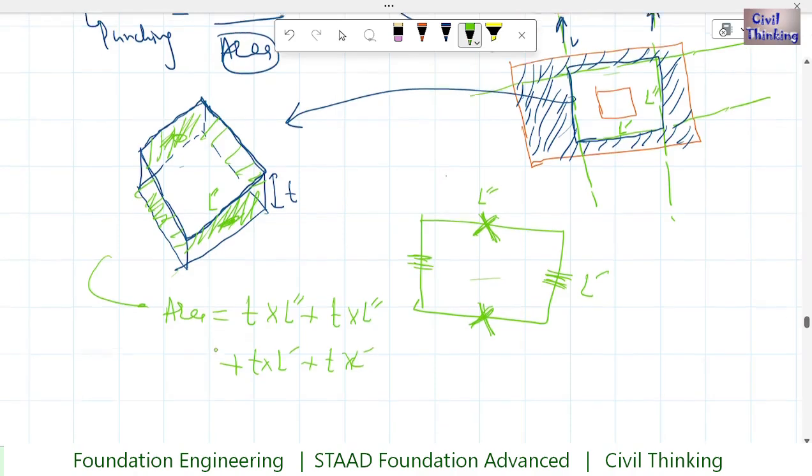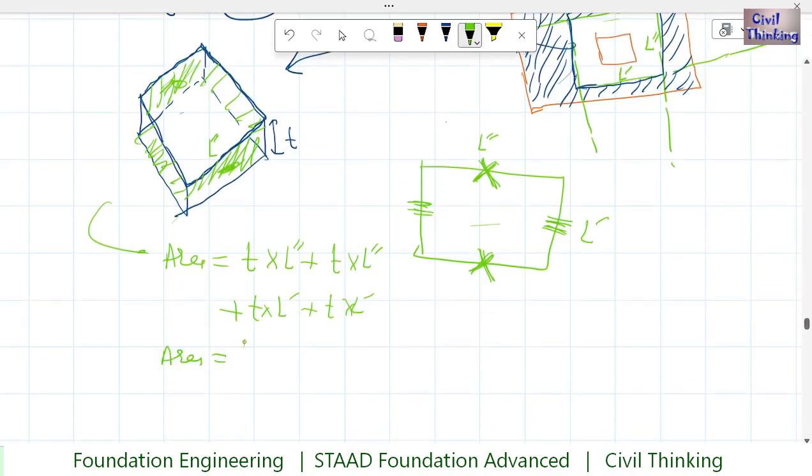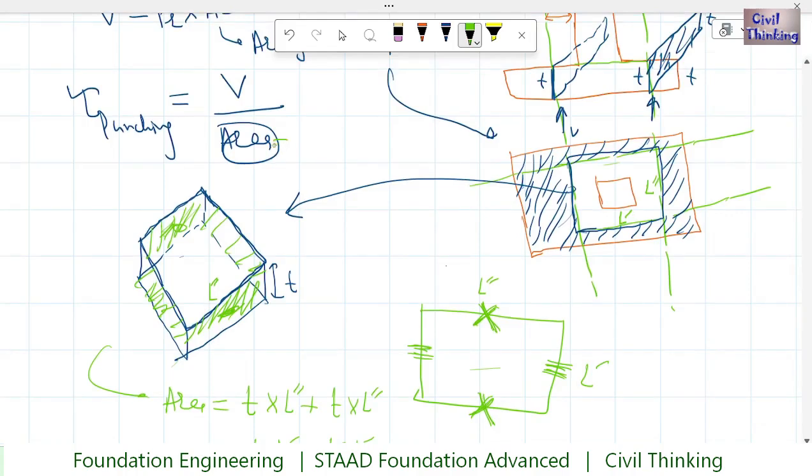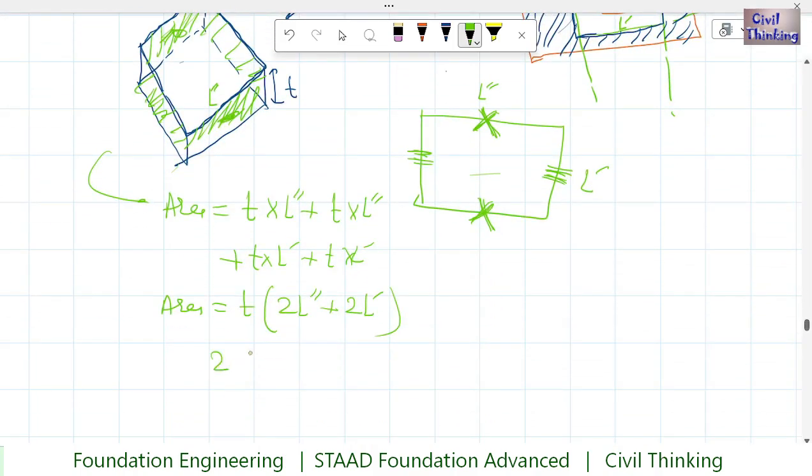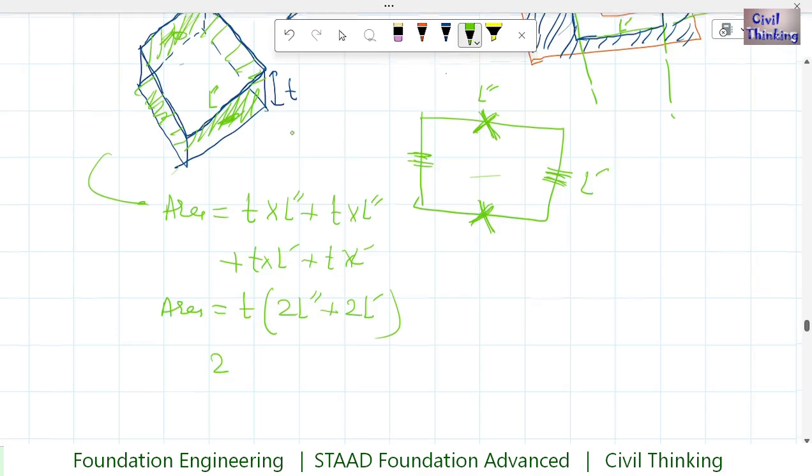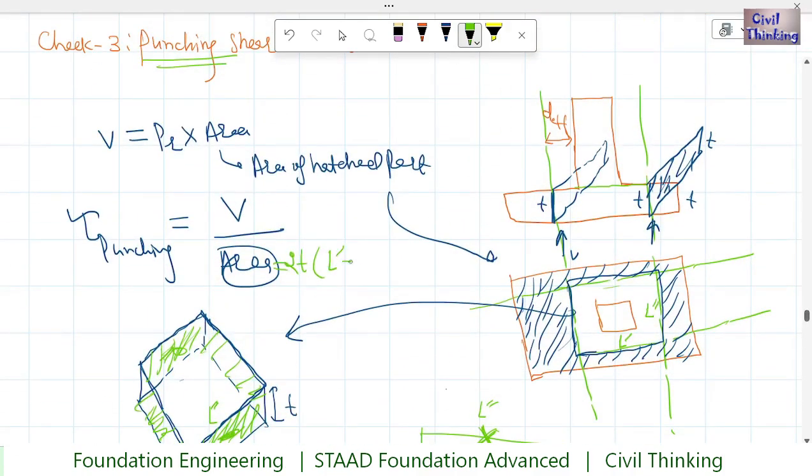We can keep T as common, so L dash plus L dash is 2L dash, and L double dash plus L double dash is 2L double dash. Or we can also put 2 as common, so it is going to be 2T times (L double dash plus L dash). That is the area.